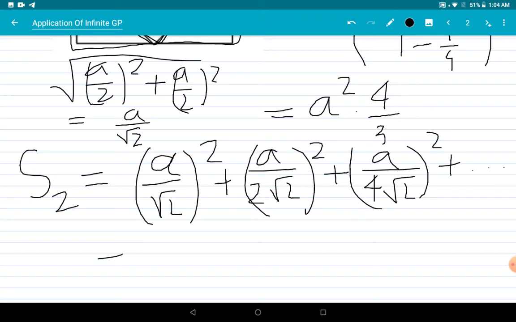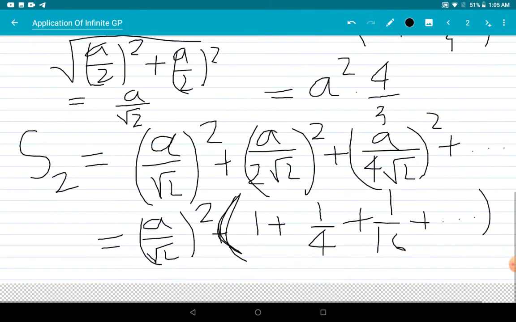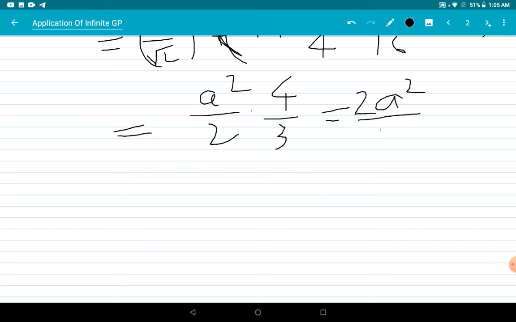So now if we take out (a by root 2) the whole squared common, it will come out as 1 plus 1 by 4 plus 1 by 16, the same series up to infinity. Now we know this is 4 by 3, so this will be a squared by 2 times 4 by 3, which is equal to 2a squared divided by 3.